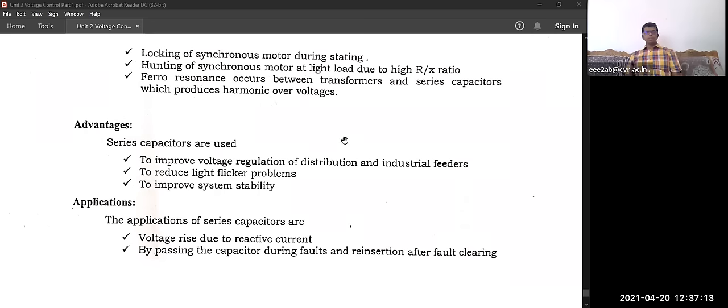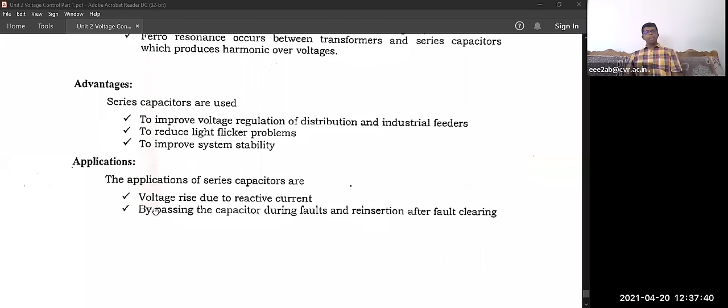That is called the ferro resonance effect. So what are the advantages? The main advantages are to improve the voltage regulation of the distribution and industrial feeders, to reduce light flicker problems, and to improve system stability. This series capacitor is being used for that. Main applications: the voltage rise due to the reactive current is handled by bypassing the capacitor during the fault, and reinserting it after the fault clearing.